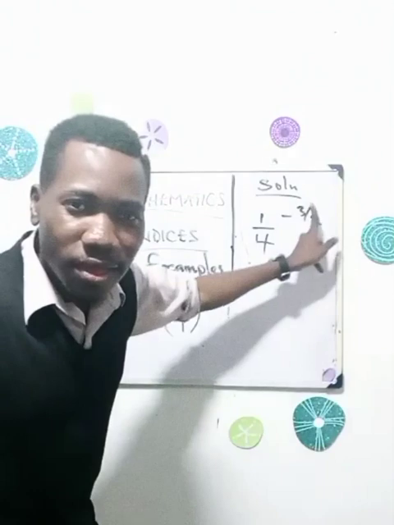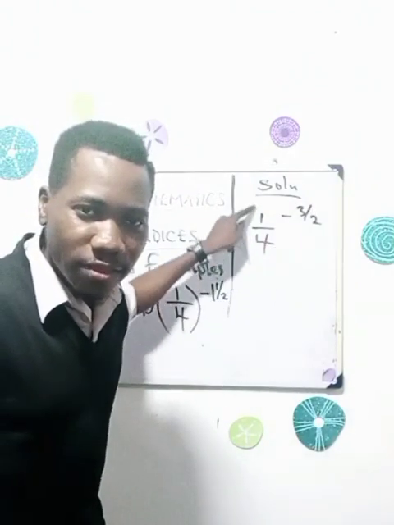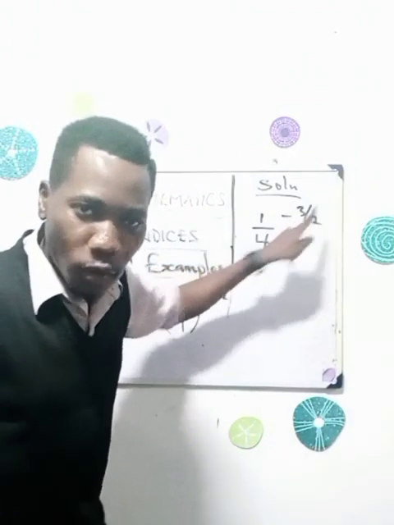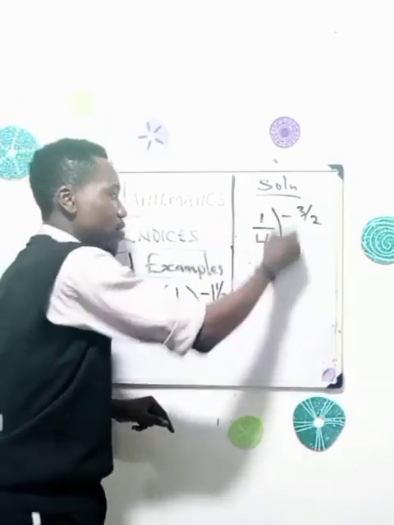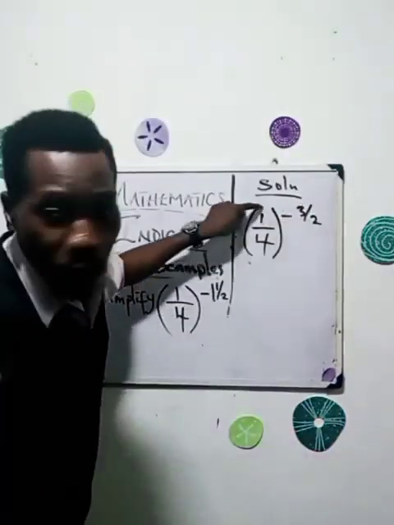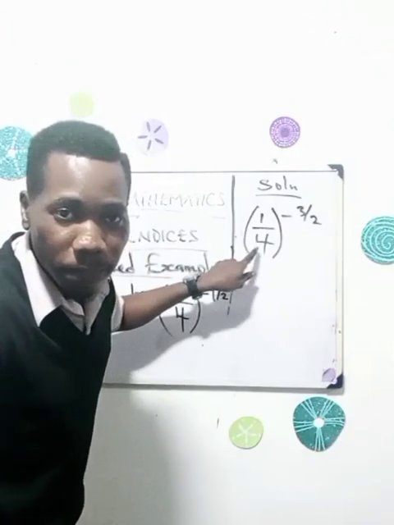Now, why is it in bracket? If you leave it like this, you might think it's only the 4 that is raised to the power of this. No, it is this whole thing. So that's why it's in bracket. This thing is affecting the 1 and it's also affecting the 4.